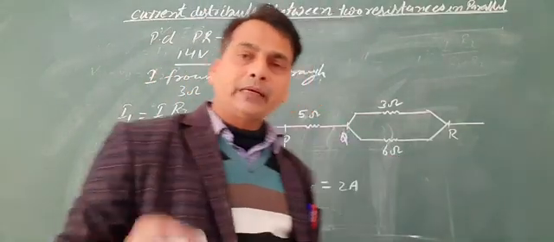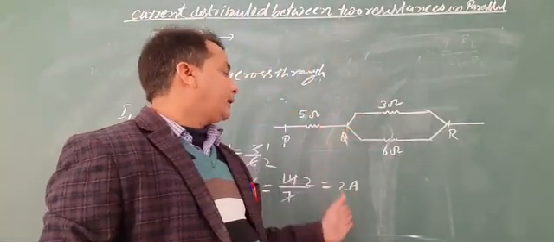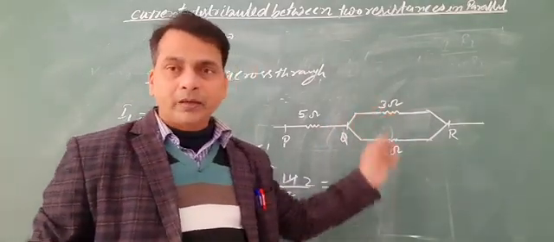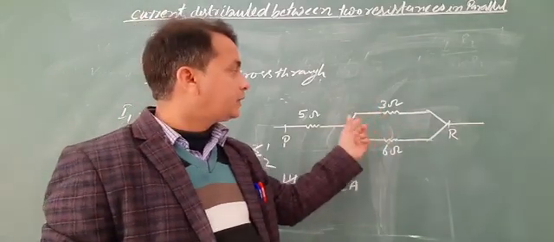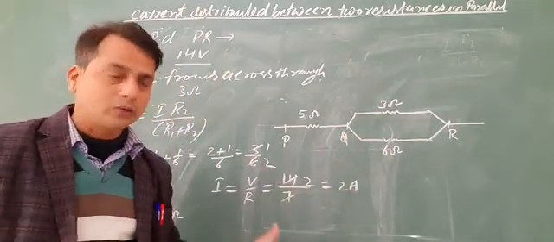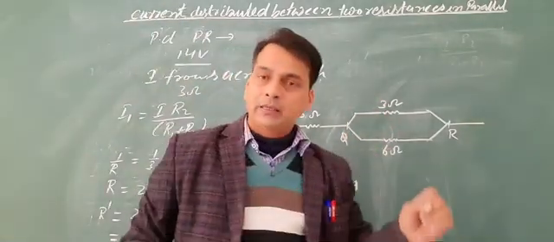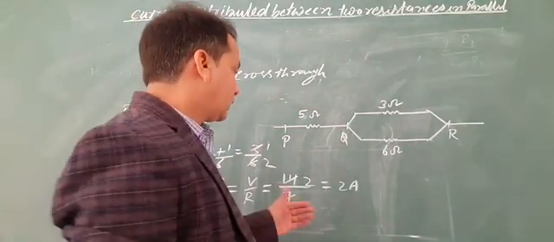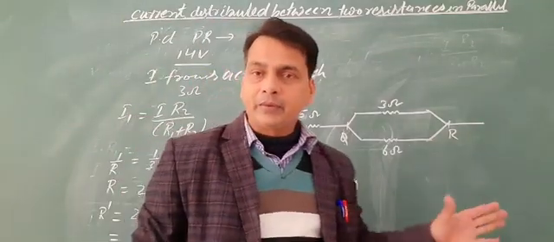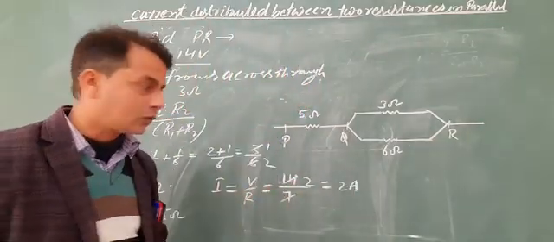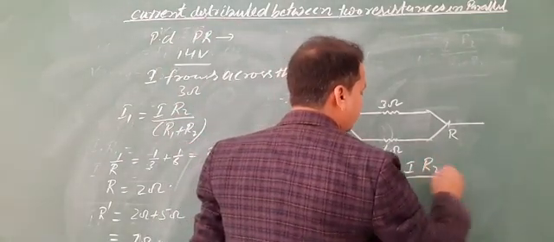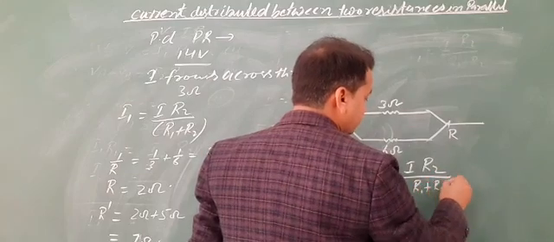So the 2 ampere divides into the currents flowing across the 3 and 6 ohm. Find the current flowing across the 3 ohm resistor. The value of I1 equals I times R2 by R1 plus R2. Put the values of I, R1, R2 in this formula.